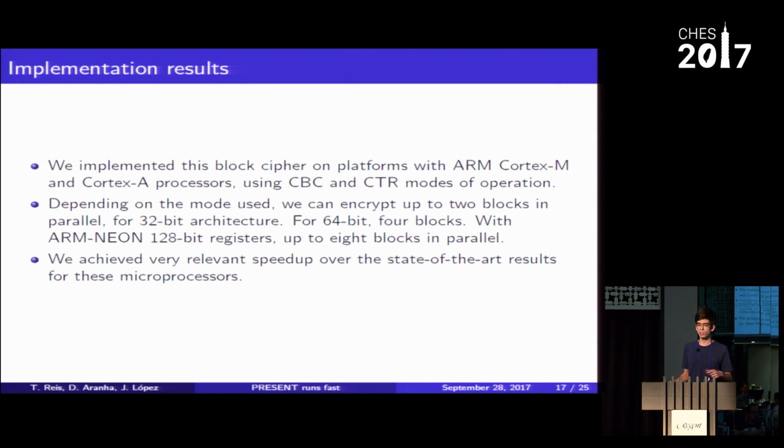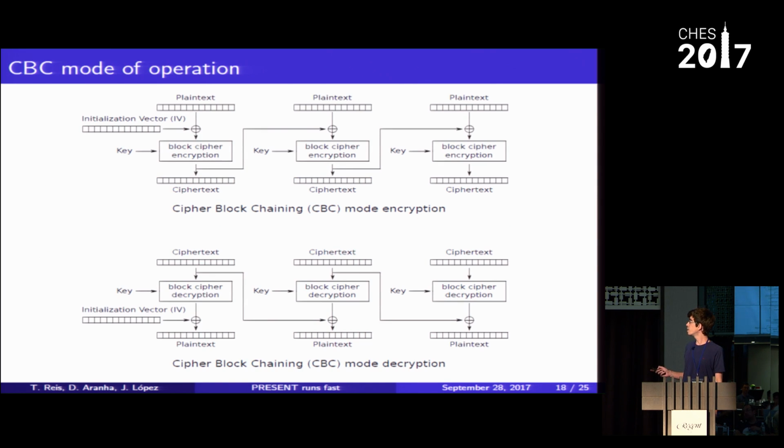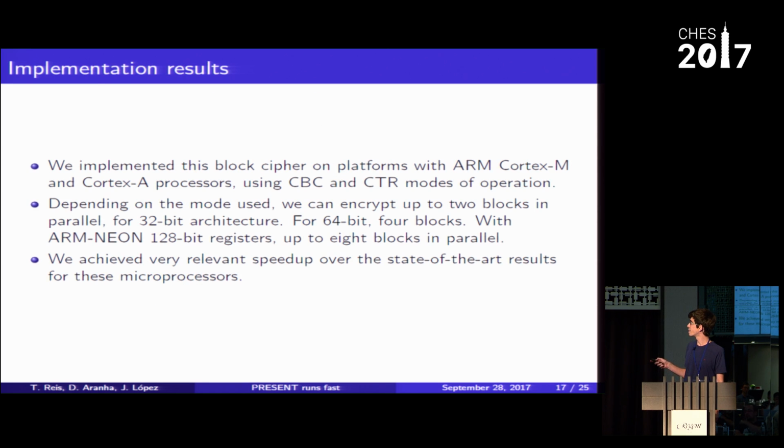And using the same rationale for 64-bit, we can encrypt 4 blocks. And for those processors that are capable of using ARM Neon instructions, we can encrypt up to 8 blocks in parallel. And we achieved very relevant speedup over the literature results. And remember, when I say that it depends on the mode used, it's because the CBC mode does not allow parallel encryption.